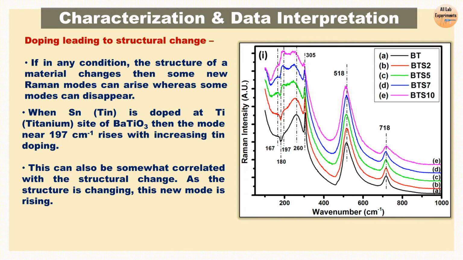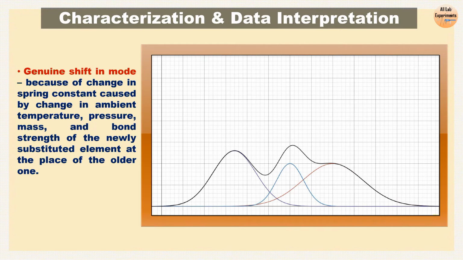There may be a slight variation, but this is majorly looking like this because of the rise of this mode near 197. We are overall dealing with the envelope, not with individual modes. So that is the major thing to understand at this place. Sometimes there is a genuine shift in the mode.